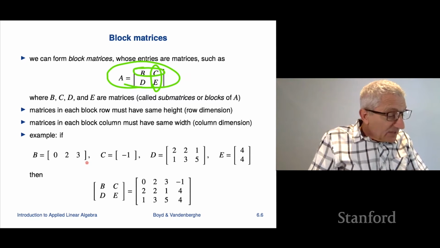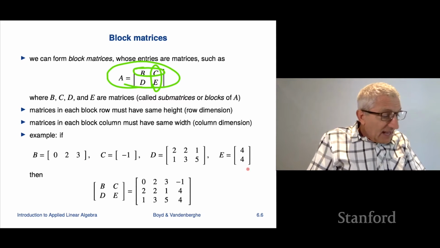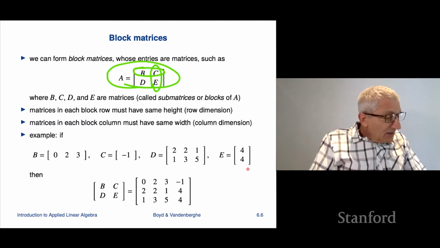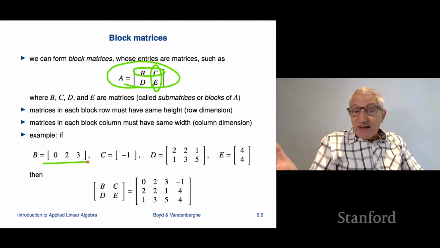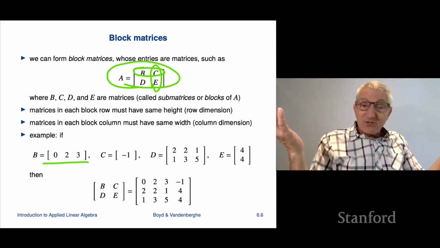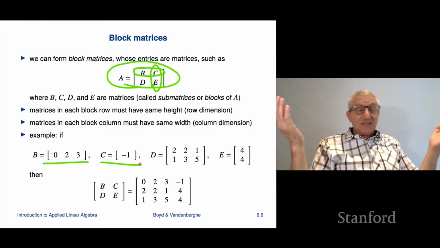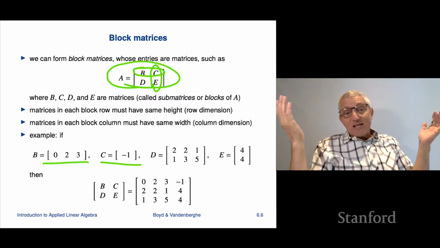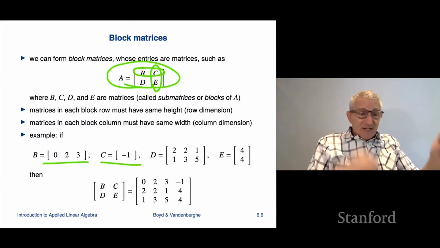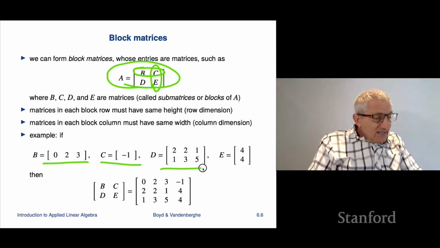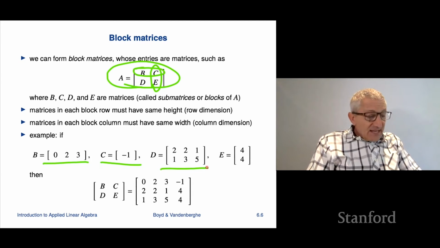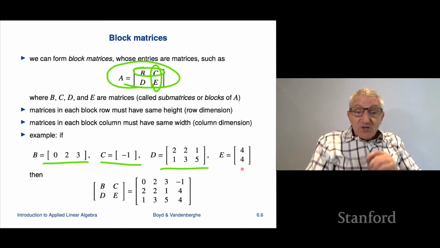Here's B, C, D, and E, and a couple of things to mention is, if you like, you could call B a row vector or a 1 by 3 matrix. C, you could simply call the number -1, or you could call it a 1-vector, or the 1 by 1 matrix -1, your choice. And here's D, that's a 2 by 3 matrix, and E is a 2-vector, or if you like, a 2 by 1 matrix, right?